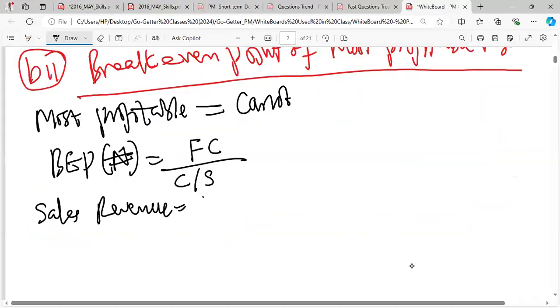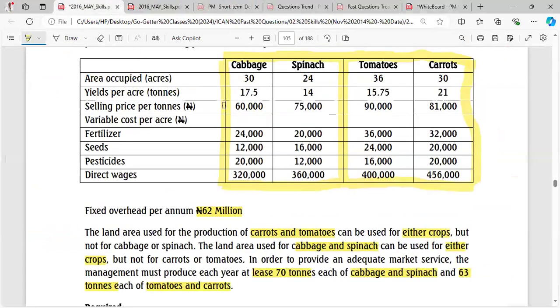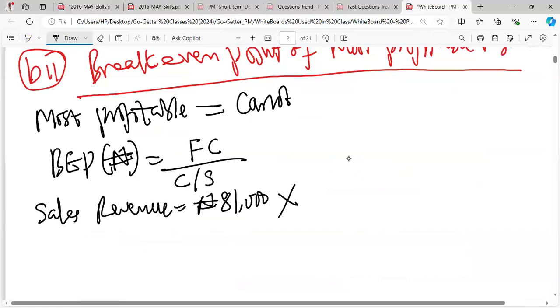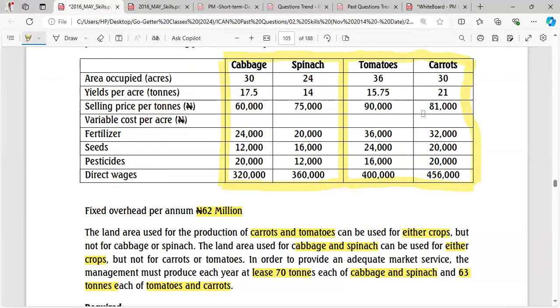So that will give you 81,000 multiplied by, so this is selling price per ton, right? What is the yield per ton? Yield per acre is 21. 21 is the yield. And so this is going to be 81 times 21, which is what we call the yield per acre.